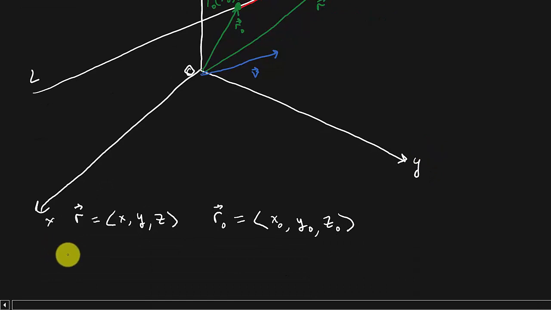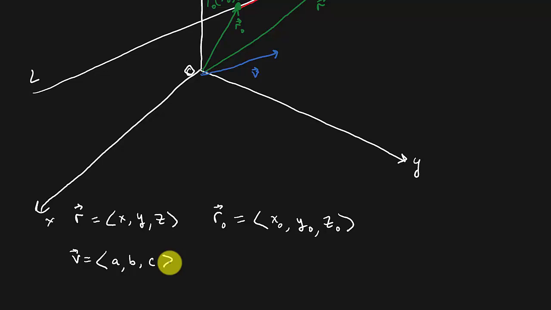And we'll have vector V, we'll say that's equal to vector A, B, C. It's some vector parallel to line L.